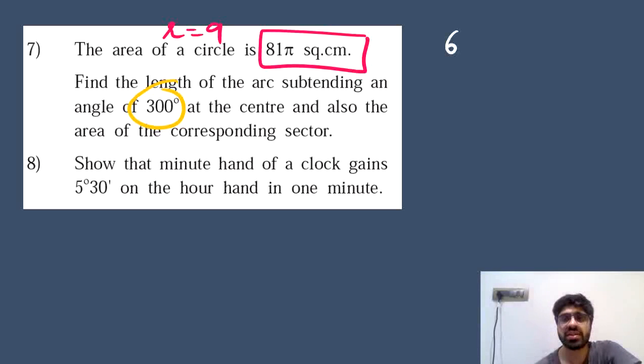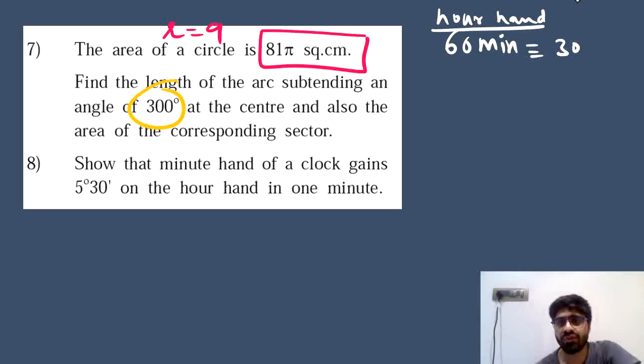Okay, so we know that in 60 minutes the hour hand is going to cover an angle of 30 degrees.